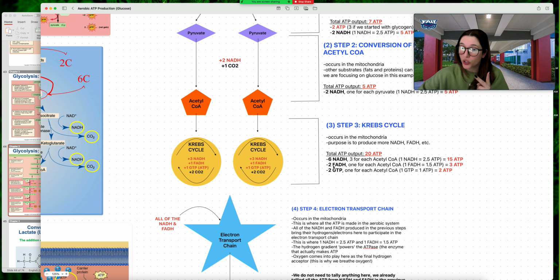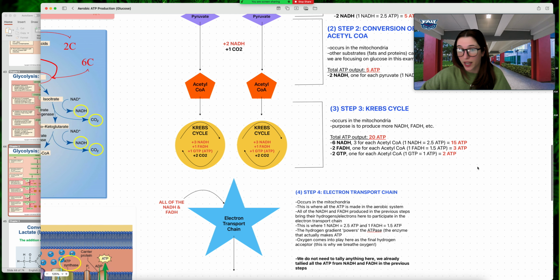So for our 2 FADH that we produced total, we have a total of 3 ATP produced. We also produced 2 molecules of GTP, and each GTP is equal to 1 ATP. So for the 2 GTP that we produced a total of 2 ATPs. So our grand total of 20 ATPs for step 3 comes from these 3 things, okay?